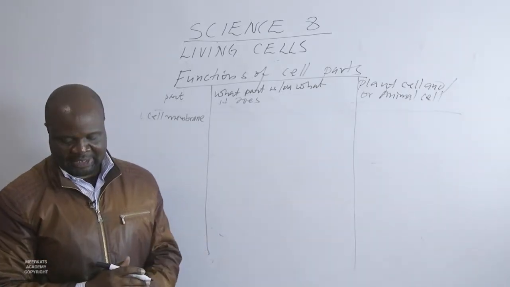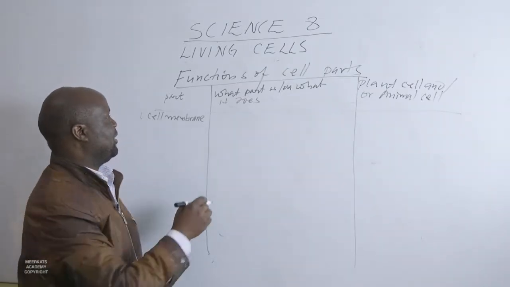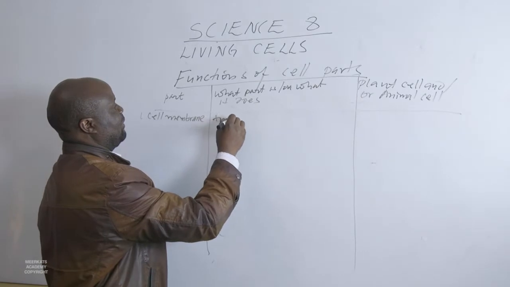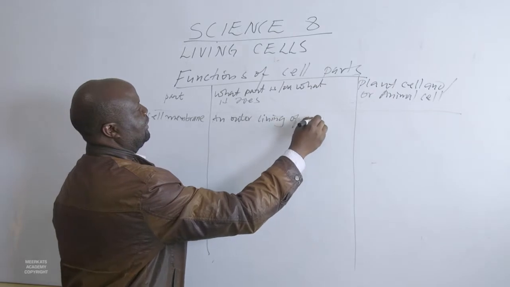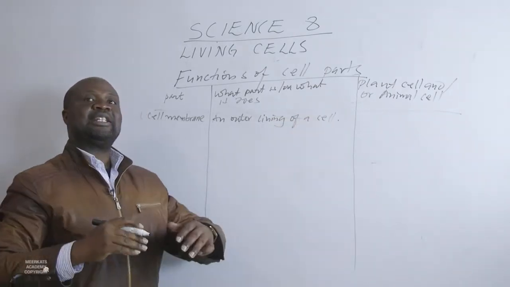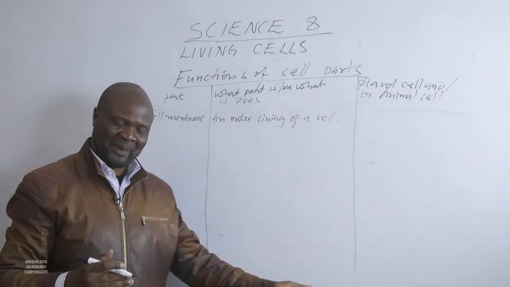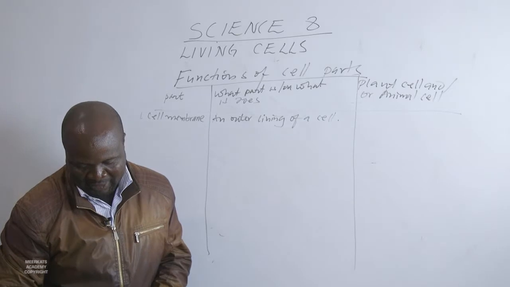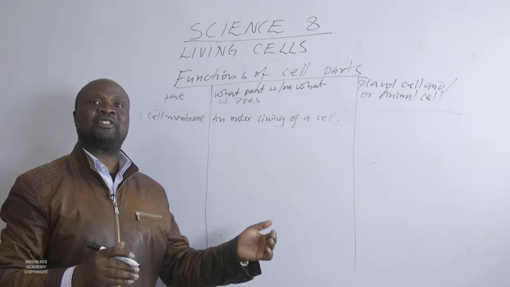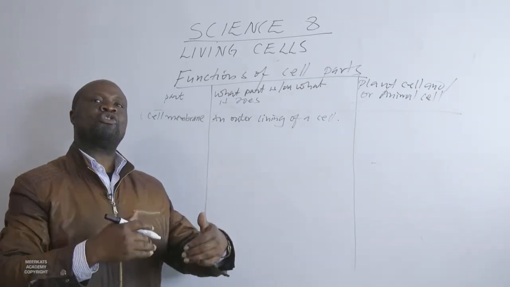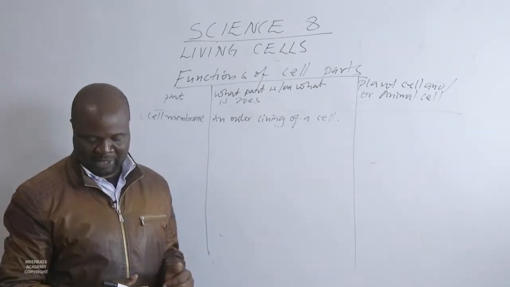It separates the cell from the environment. So we can say it is the outer cover of a cell. It protects the cell from the environment. It can allow some materials to enter and others to leave. It is semi-permeable. It can also refuse other materials entry into the cell. That is the cell membrane.